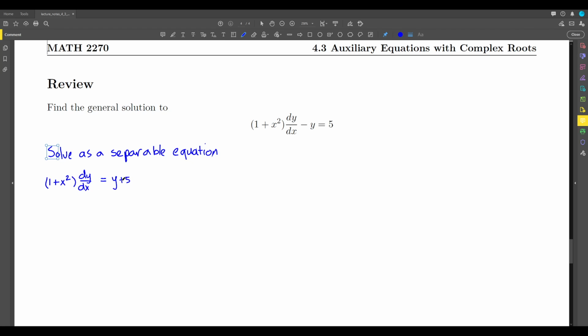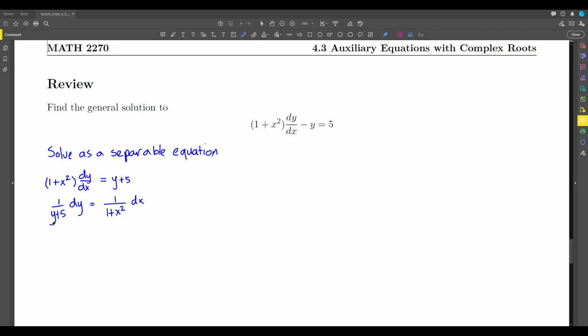Now, we want to bring all the y's to the left and all the x's to the right, and then have dy on the left and dx on the right. So we get 1/(y + 5) dy = 1/(1 + x²) dx.